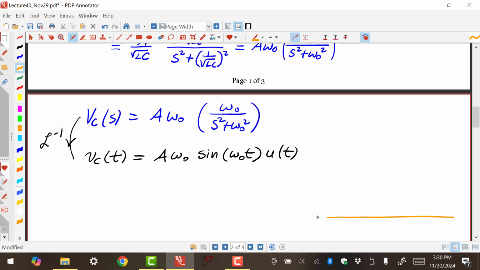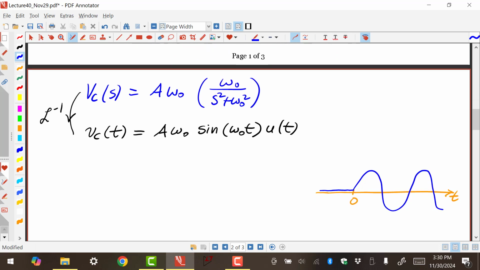Here's 0. Here's time, t. And of course, these circuits are all starting from zero initial conditions. And that's going to be a sine wave, so it's going to go like this. It's just going to keep oscillating. Doesn't decay, doesn't grow. And the amplitude here is A omega naught.